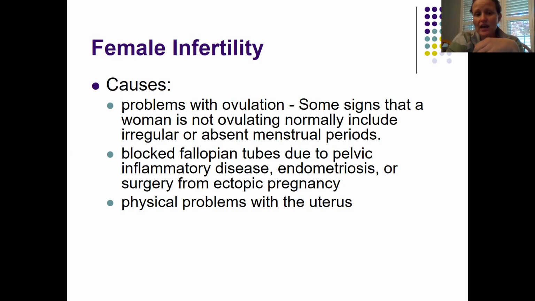Other issues can be that you are releasing an egg, but the egg doesn't have a way to get over to a uterus. You can have this little narrow tube, a fallopian tube, that's blocked. Sometimes you can have endometriosis, where uterine cells migrate to other parts of the female reproductive system or even parts of the abdominal cavity.